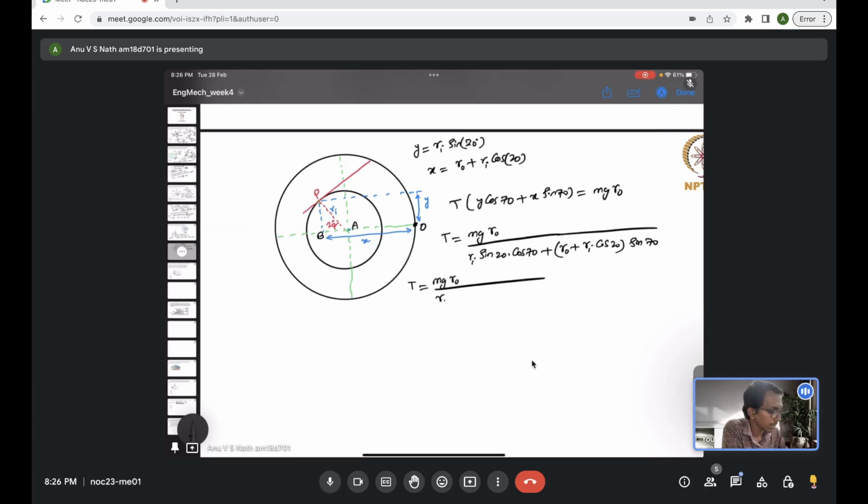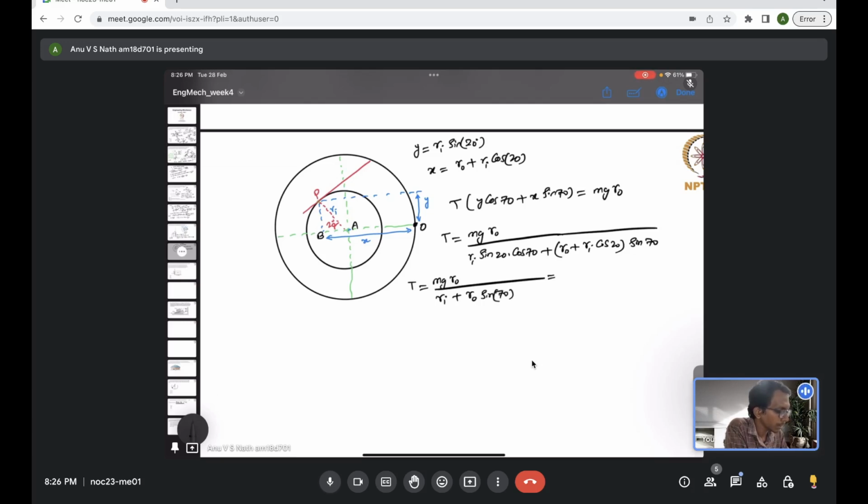Taking R inner commonly outside, times sine A cos B plus cos A sine B, which is sine of A plus B, right? So that's sine of 20 plus 70, which is just sine 90, which is 1. So that is just R inner, plus the remaining R outer times sine 70.